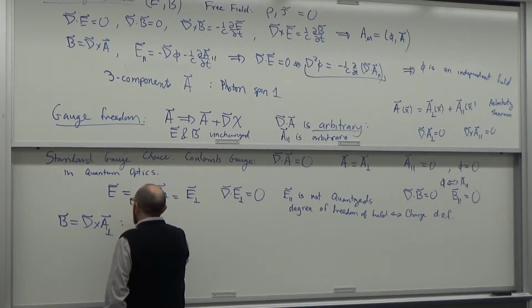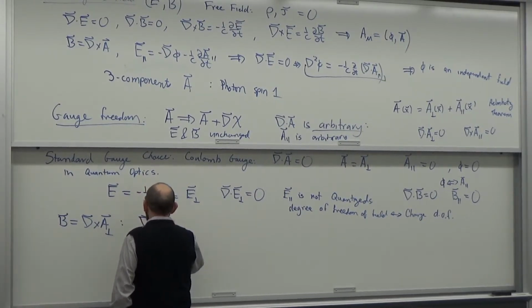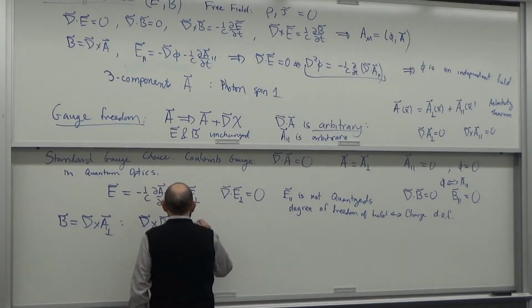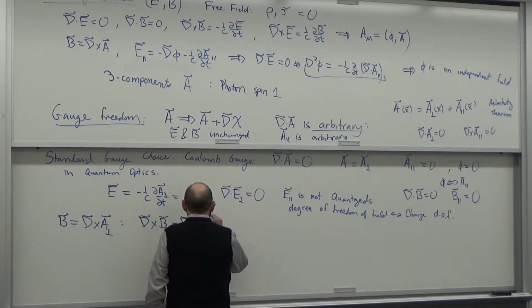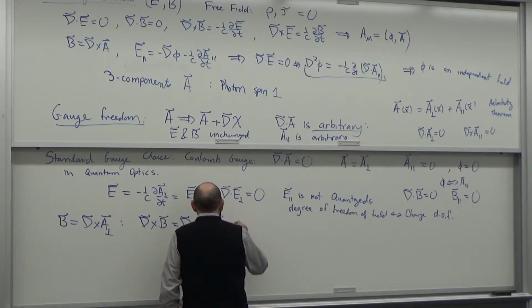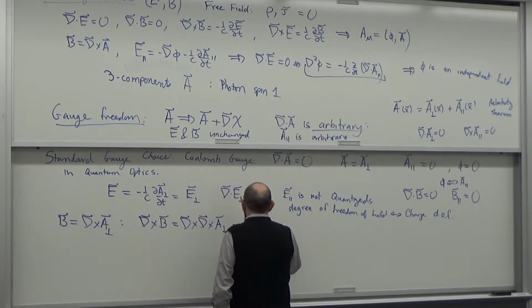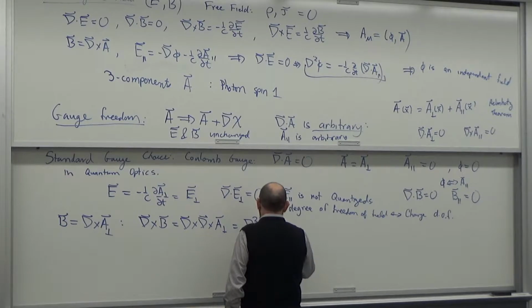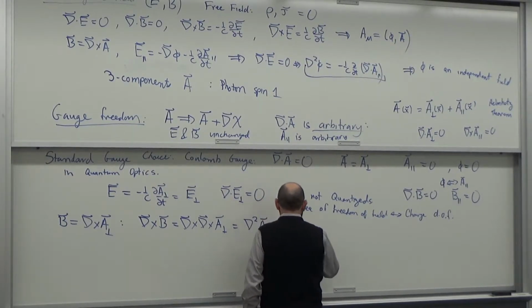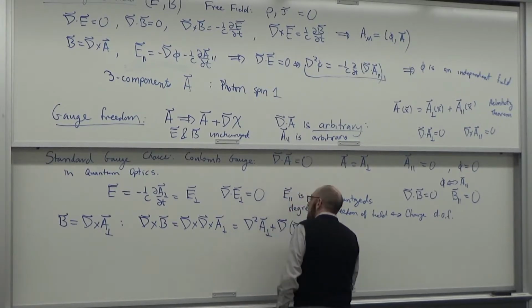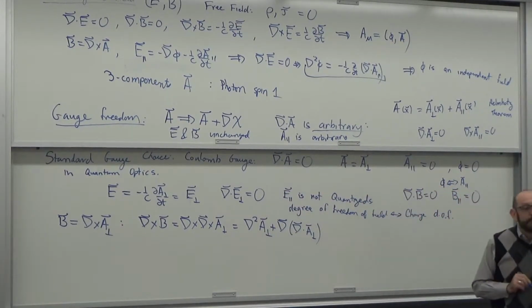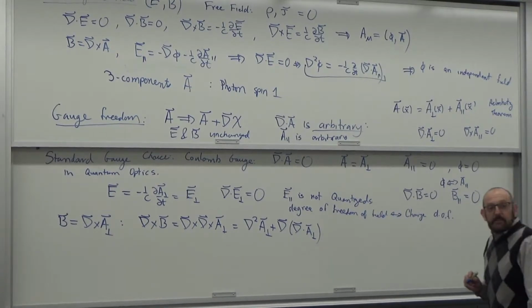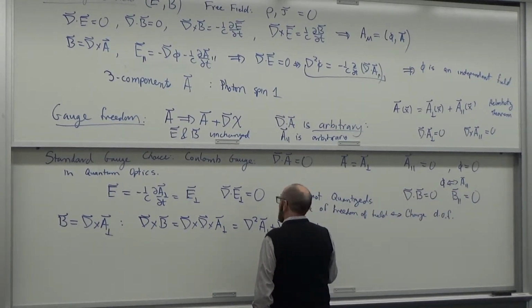So if I take the curl of this again, as we love to do to derive the equations of motion, and use our favorite identity for the curl of the curl, this is equal to 0.